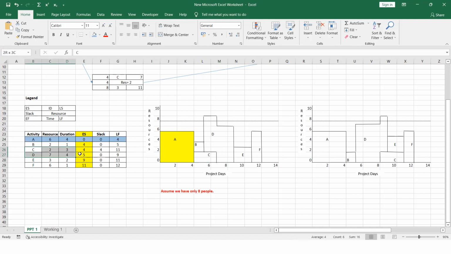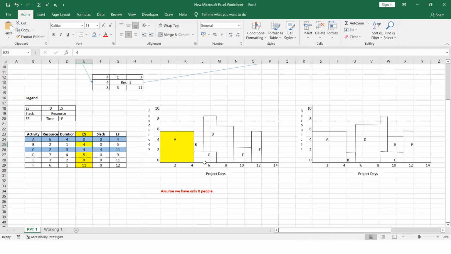Then we can go for B. For the B also, the early start is 4. Early start is 4 means you have to start here, and the duration is only 1. Early start is 4 and the duration is 1 means you can finish it by 5.